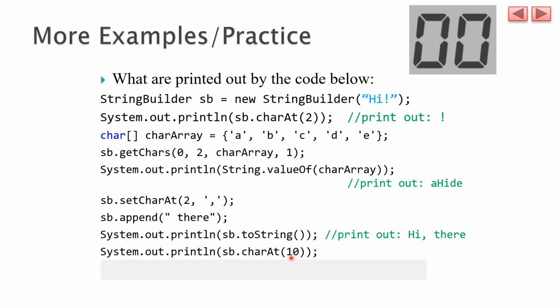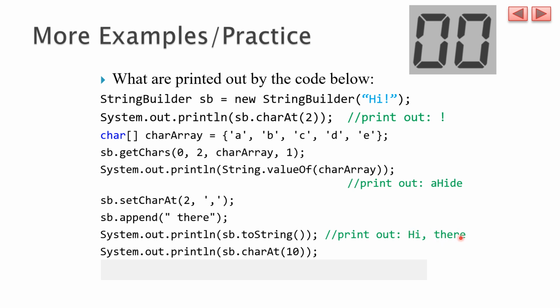And the last one calls charAt at index 10. Note that here, after appending the string "there" to sb, how many characters does it have? 1, 2, 3, 4, 5, 6, 7, 8, 9.